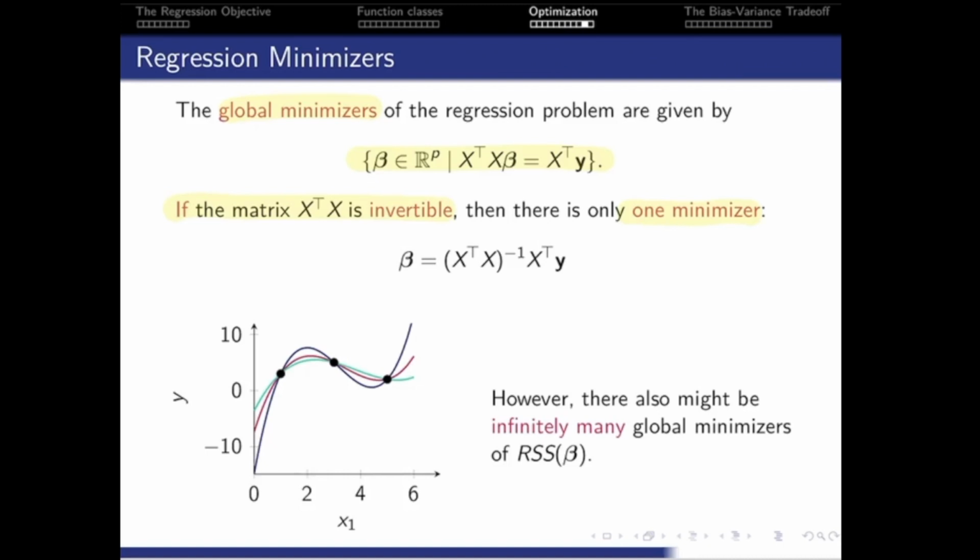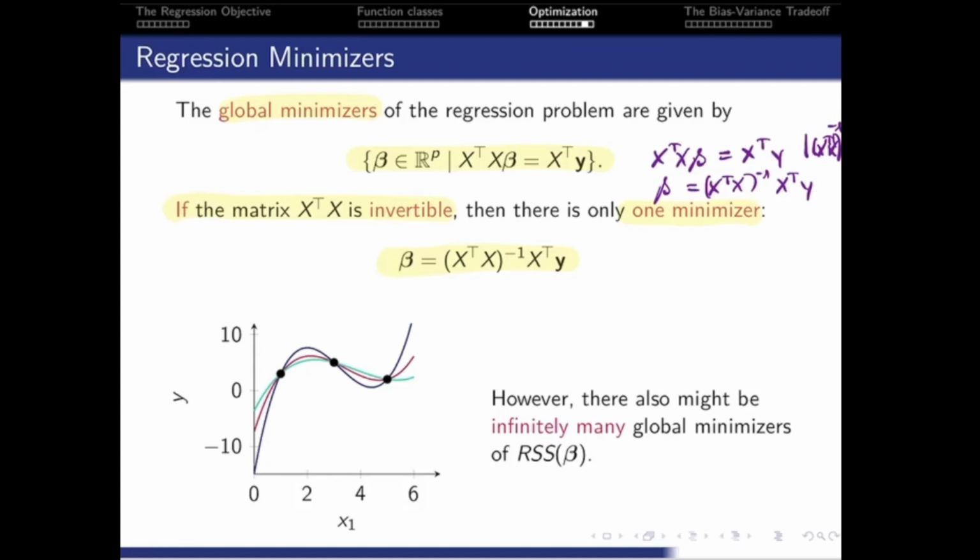When I have X transpose X times beta equal to X transpose times y, I just multiply from the left with the inverse of X transpose X. Then I have the identity matrix times beta, which is just beta, equal to the inverse of X transpose X times X transpose times y. And this is what is standing here. Okay, nice. But what happens if the matrix X transpose X is not invertible?